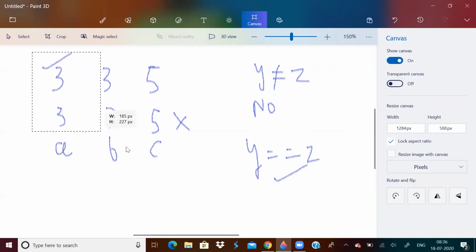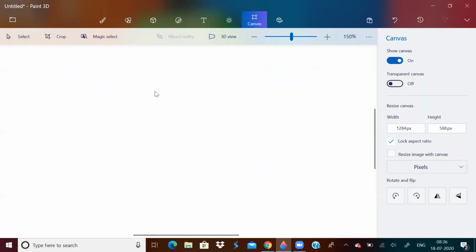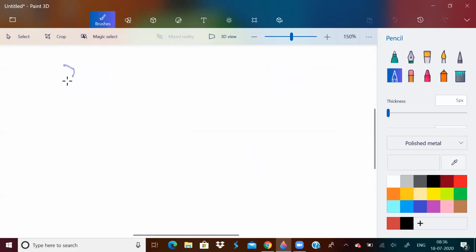Let us take one more example. Let us say 3, 4, 4. Over here, X, Y, Z is 3, 4, 4. Let me choose integers 3, 3, 4.